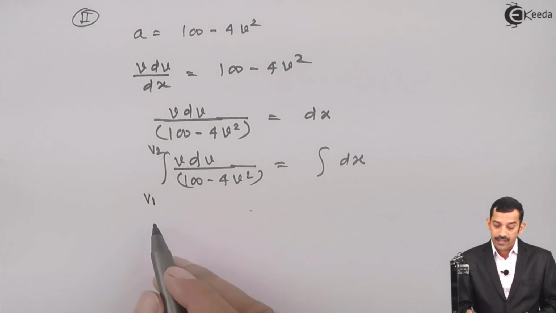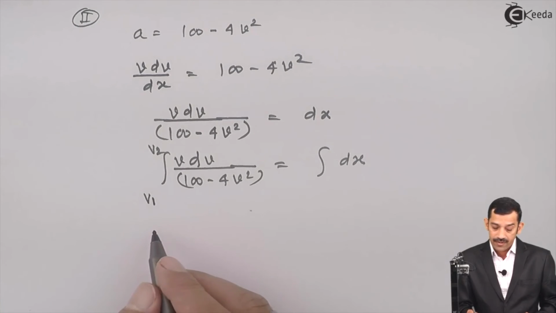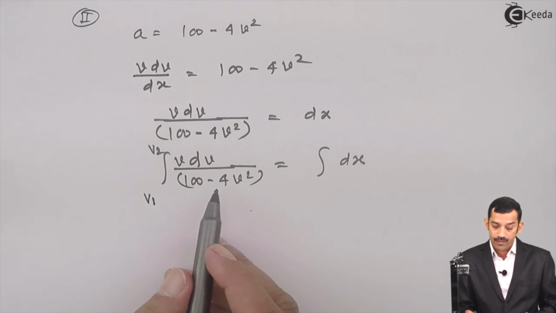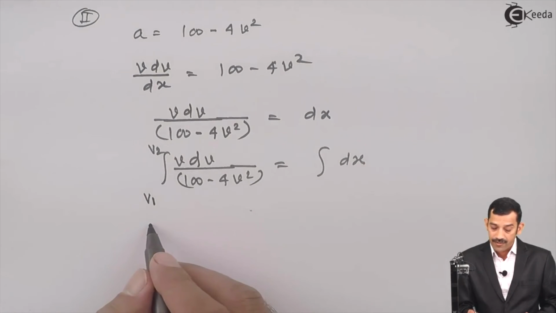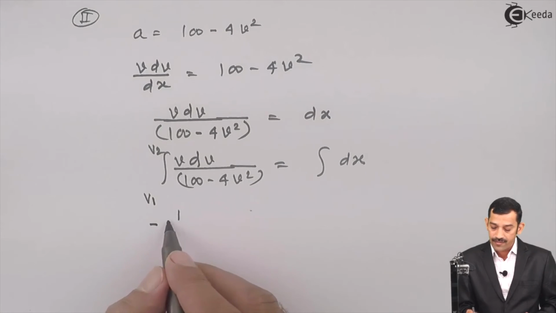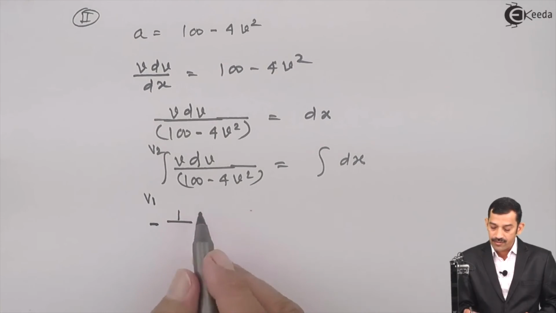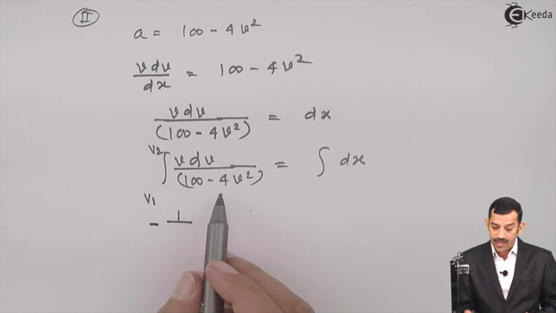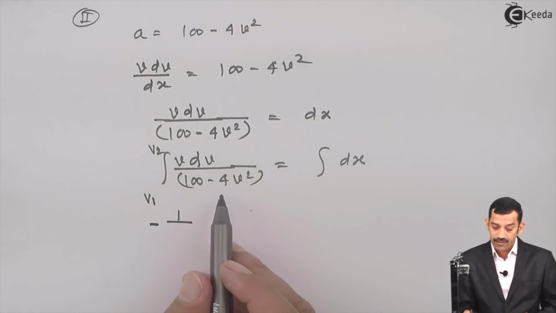That means if we integrate this, with limits of integration 1 to 3, this becomes 1 upon 2b, where b is nothing but 4. This is negative because it is a minus 4v square term, so the b term becomes 4.